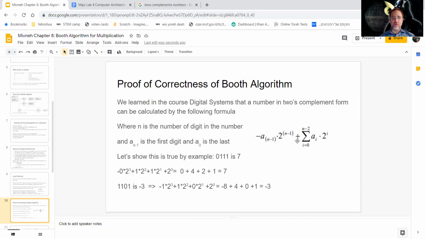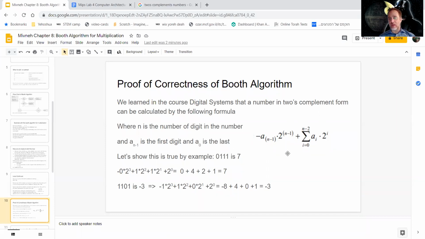That's what you see over here, where n is the number of digits in the number. If there are 4 digits, then n is 4, and n minus 1 is the first digit. So we count the digits as n minus 1, n minus 2, until digit 0. Notice if it's 4, it'll be 0 to 3, which is 4 digits.